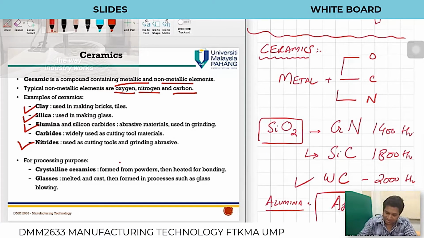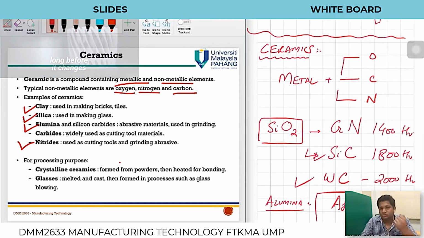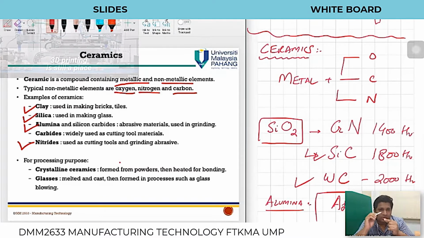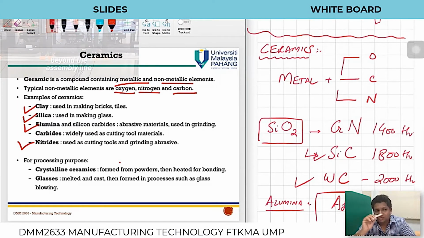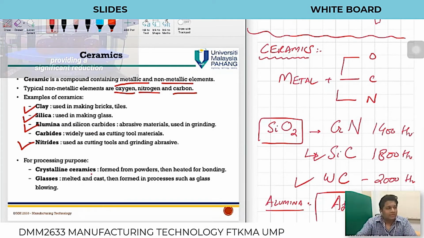Tungsten carbide and silicon carbide are used in cutting tools also. If you operate a lathe machine, you will see that the lathe machine tool has a black top. On the corner you will see some blackish part or a coating. That is either silicon carbide, chromium carbide, or tungsten carbide. You will see this kind of material at the corner of the tool because they are very hard and very strong.